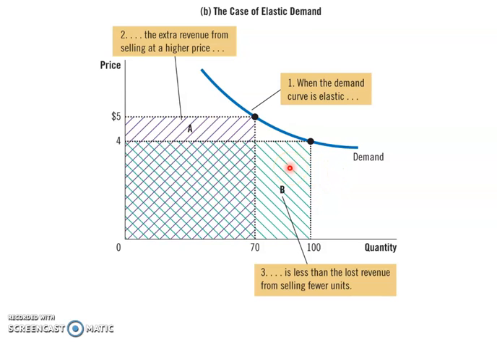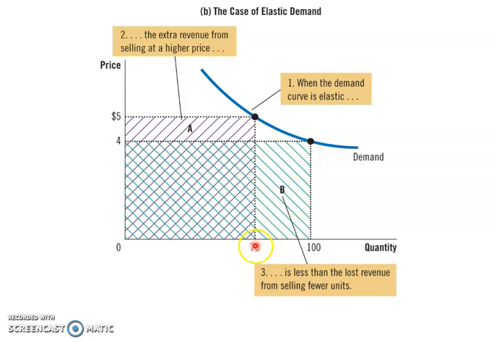Visually speaking, you can actually find the difference between these two. When we increase the price, we lose 30 pizzas as quantity demanded. So what we're losing is this area B in terms of the revenue. Suppose the price is still $4, we lose this much revenue.